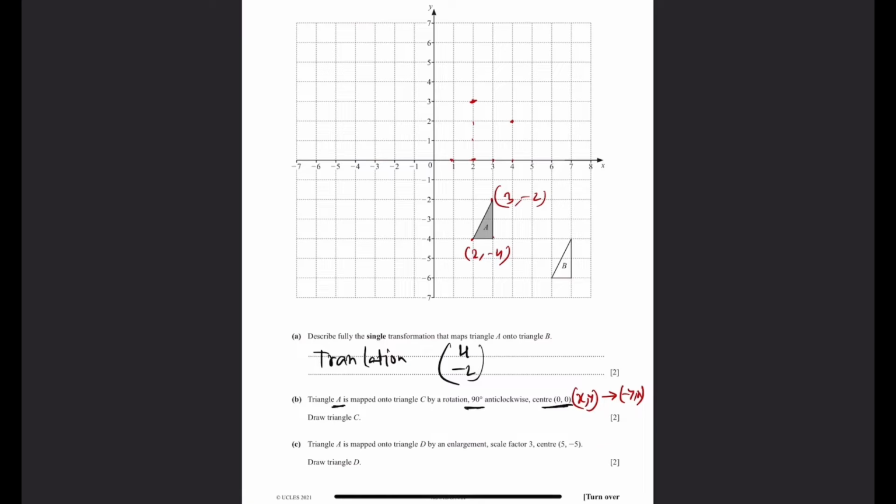And that point is 3, minus 4, so it becomes 4, 3. So this is the triangle, and 0, 0 is the center.